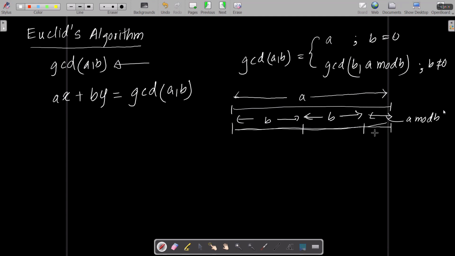Because we have two B's and this is the remainder. That is A mod B. And say the greatest common divisor is X. If that is the greatest common divisor, it should divide both A and B. So it will be something like this.